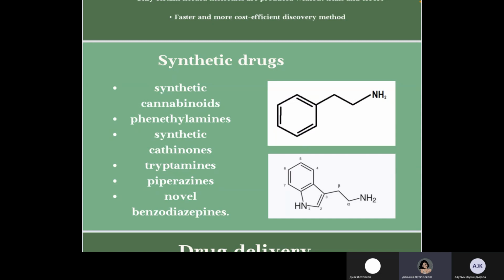As you can see, here is a not very clear photo of the drug delivery system, but I can send a clear photo of this structure after the presentation.